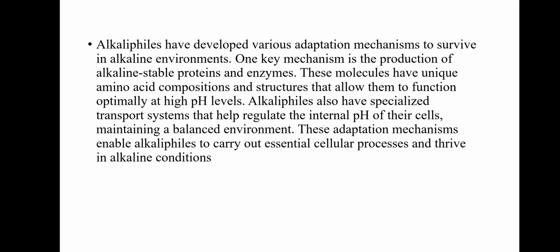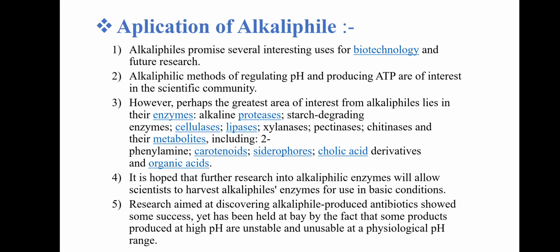Alkaliphiles also have a specialized transport system that helps regulate the internal pH of their cells, maintaining a balanced environment. This adaptation mechanism enables alkaliphiles to carry out essential cellular processes and thrive in alkaline conditions.